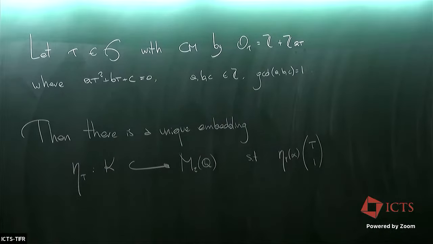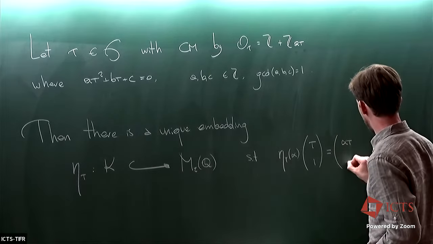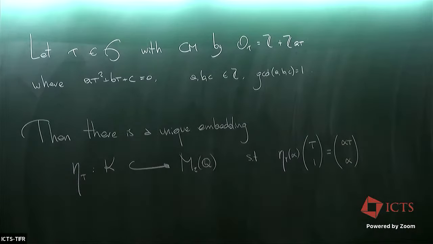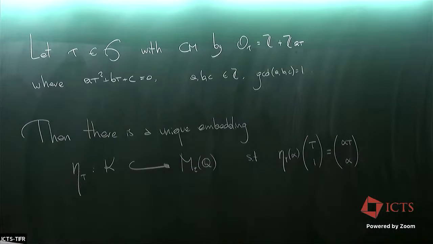So now I get another column vector, and I want these entries to be (alpha tau, alpha). So essentially I want multiplication by alpha to give me some Q-rational base change in this lattice, and I want that base change to be given by this eta tau of alpha. So it encodes the action of K on this order.